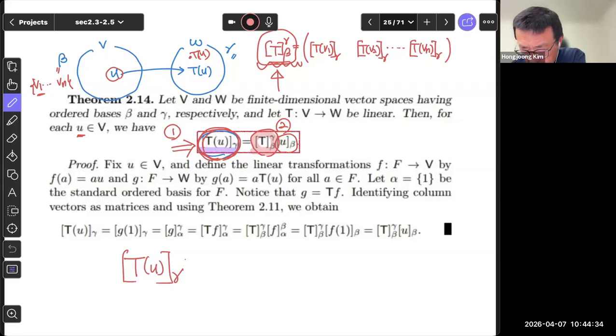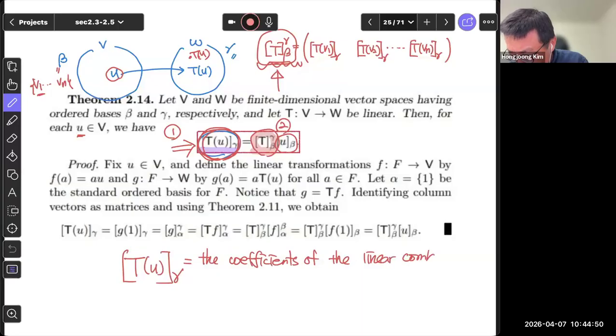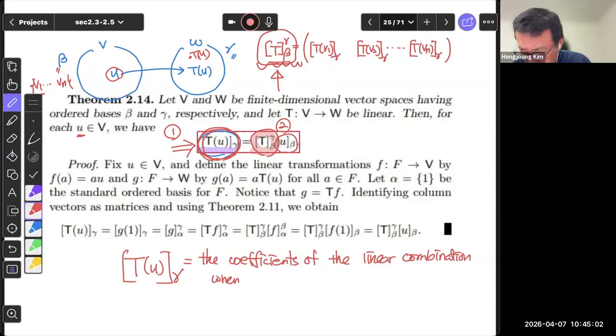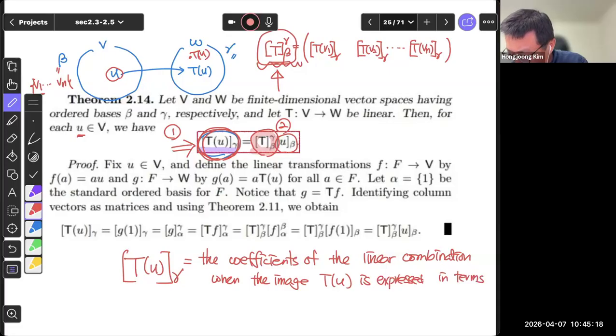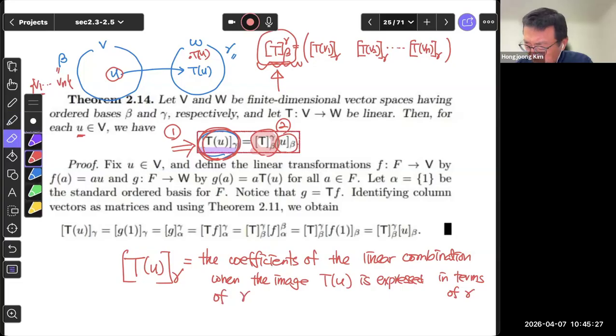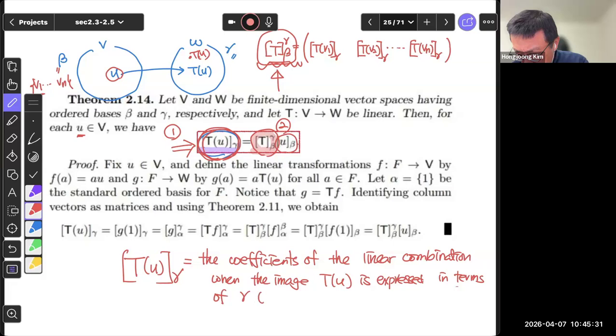Okay, so on the left, what is this? That is the coefficients of the linear combination when the image T of u is expressed in terms of gamma, and that happens in the codomain.